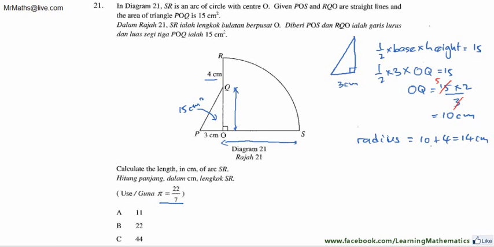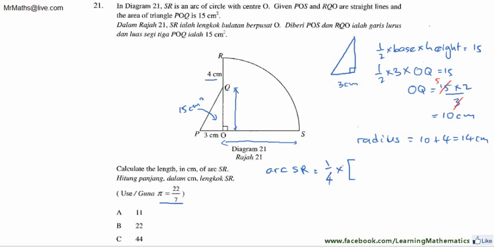Okay, so now we want to find arc length SR. Arc SR is a quarter of the circumference, right? So what is the formula of circumference? 2 pi r. A quarter, not 1/2 but 1/4, a quarter.